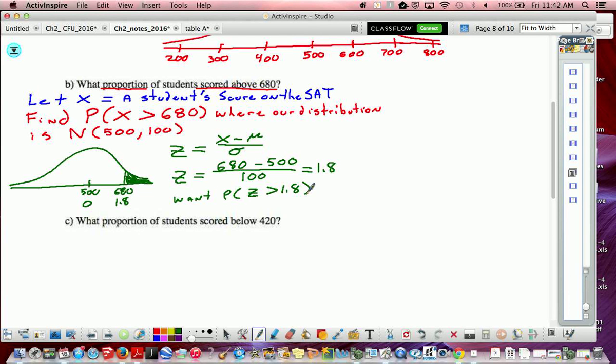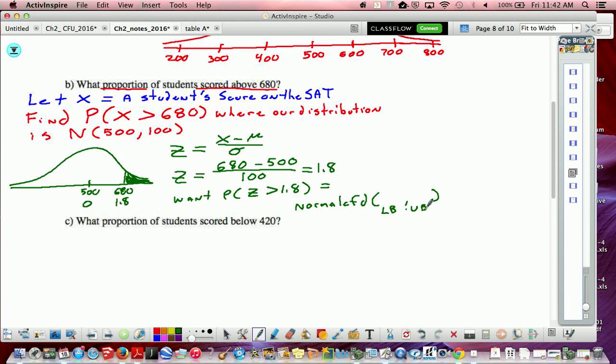So, are you okay here with me using normal CDF in the calculator? Yes. Okay, from yesterday we were talking about that. So, to get this value, I go normal CDF. So now, the two numbers, lower bound, upper bound. What's my lower bound z-score?